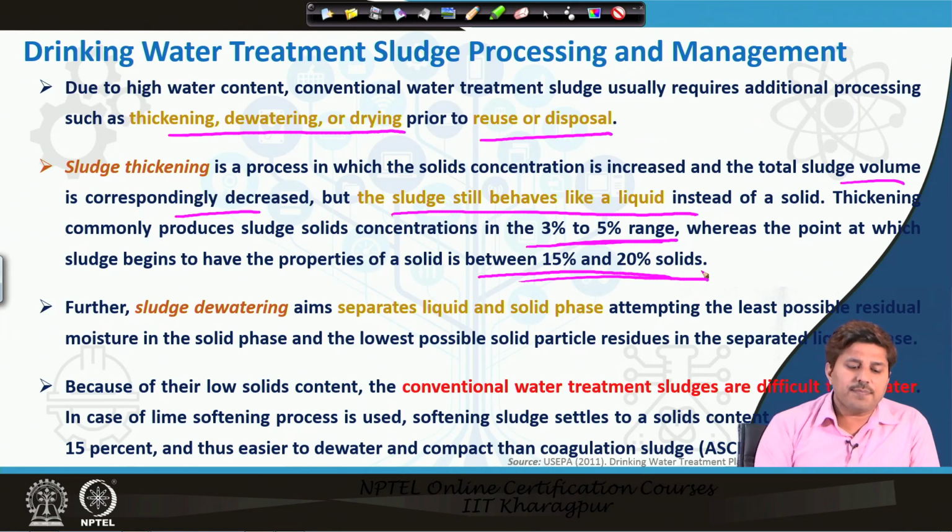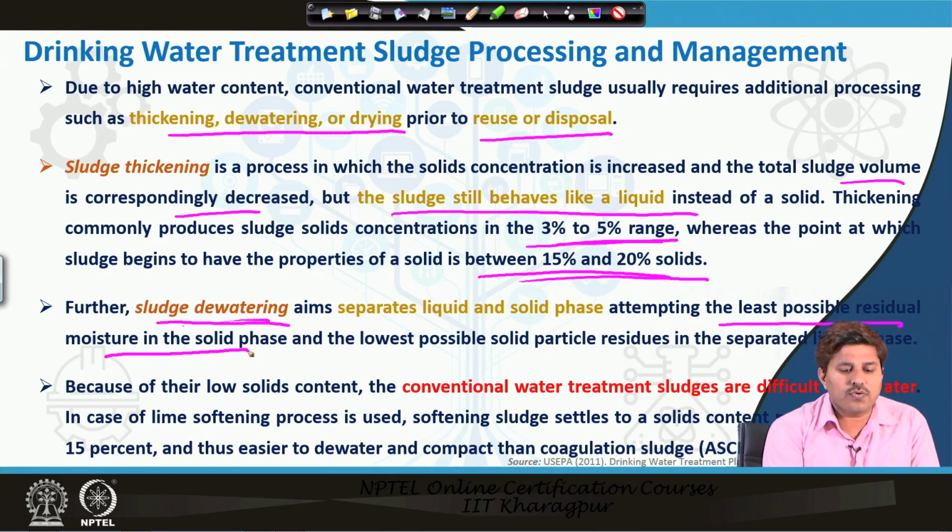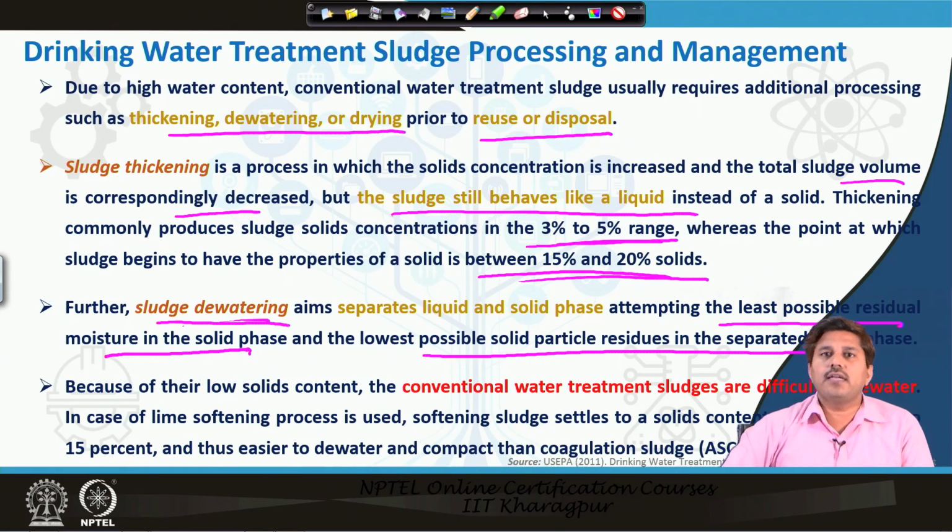So, the next step generally followed is sludge dewatering. We further try to concentrate it, and in the dewatering process we aim for the liquid and solid phases to be separated with the least possible residual moisture in the solid phase and the lowest possible solid particles in the liquid phase.